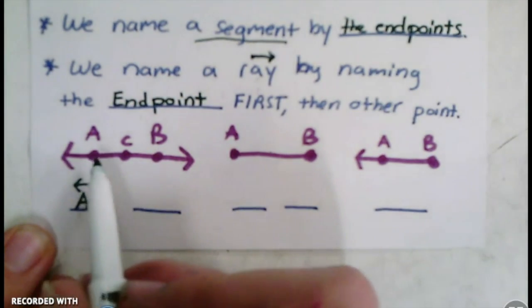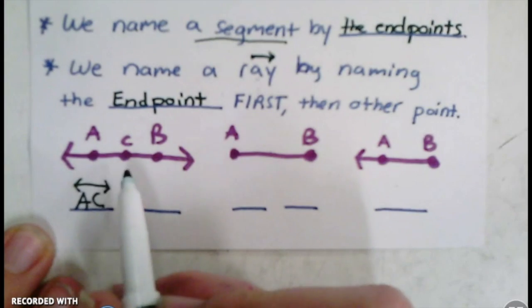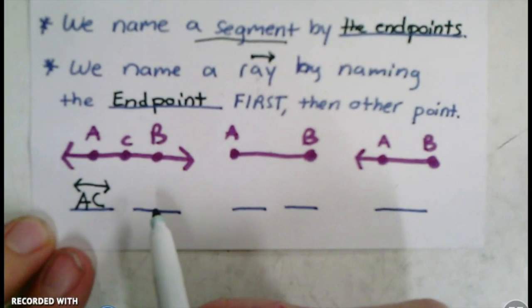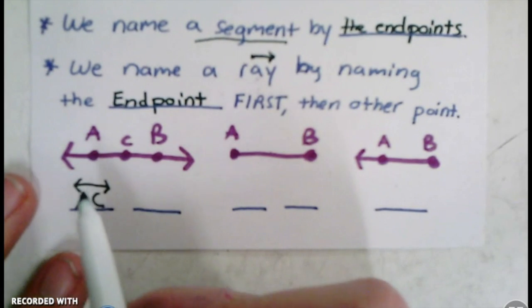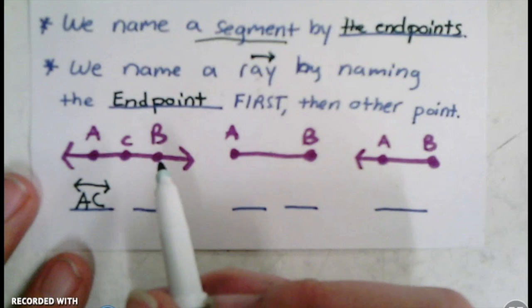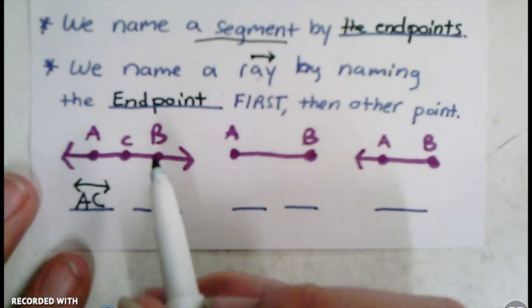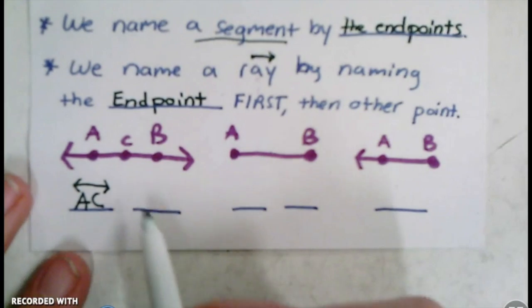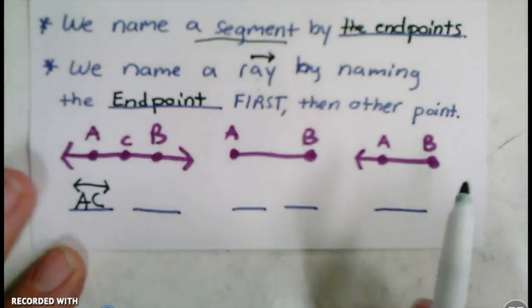It's going to continue forever in both directions past the A and the C. It is also line BA. It is also line CB. It is also line AB. So you can pick any one that you want and draw your little arrows above it.